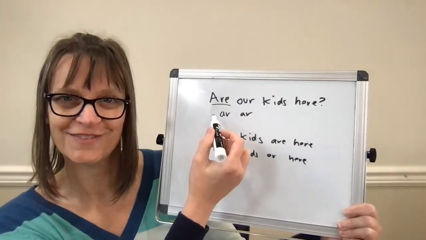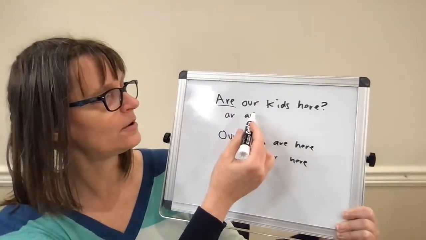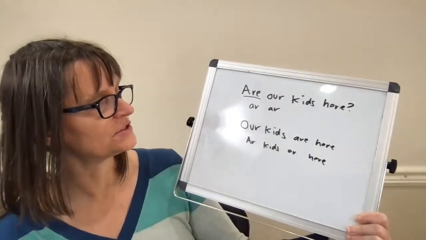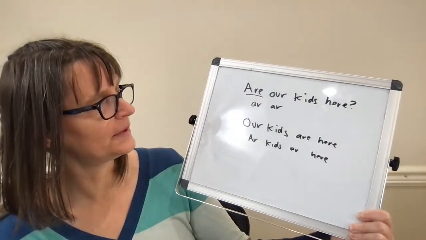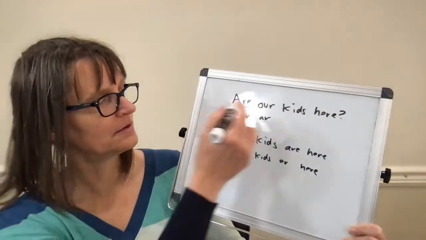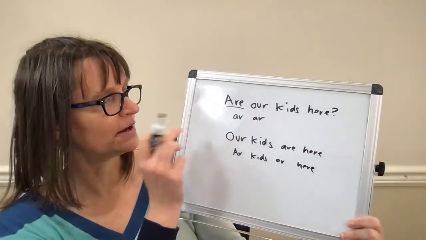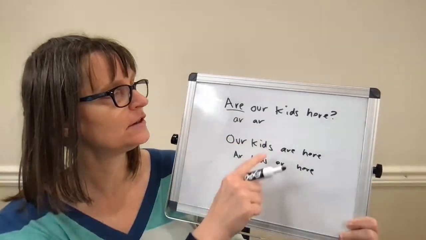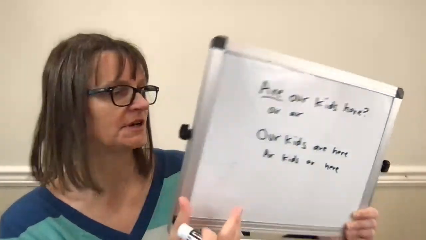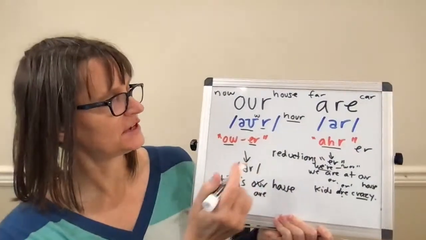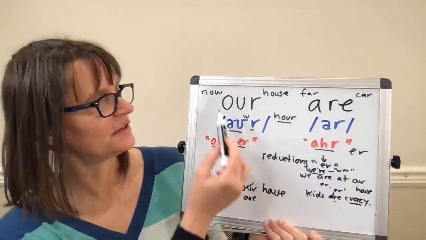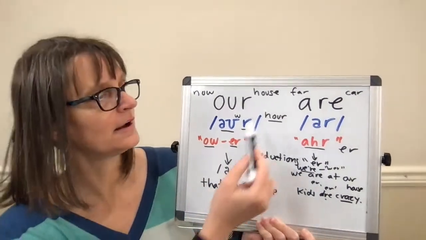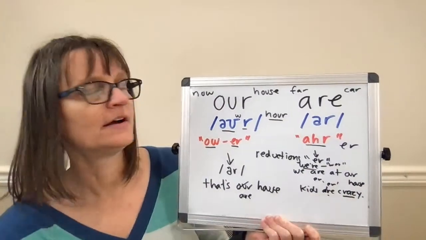So knowing that I can do those reductions, and that sometimes I'm not going to reduce, if I'm starting the sentence with "our kids," I'm not going to change that. So the take-home message is, when you're practicing these kinds of phrases, notice those reductions. Most of the time you're going to hear in fluent speech that the "our" becomes more like "are" and the "are" becomes reduced.